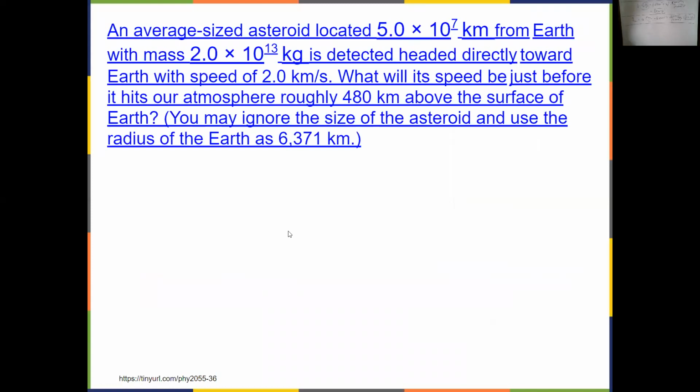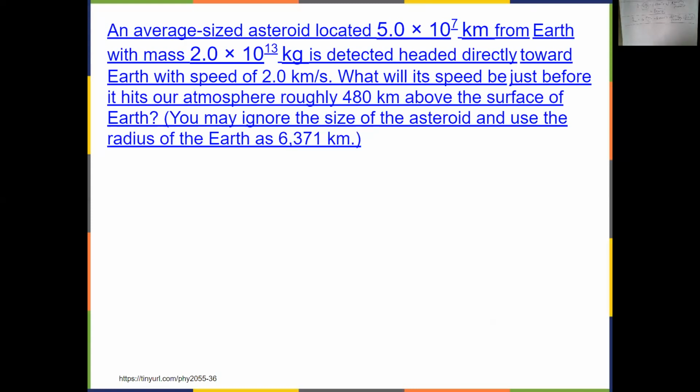All right. So we will take a look at this example here of an asteroid approaching the Earth. The mass of the asteroid is 2.0 times 10 to the 13 kilograms.